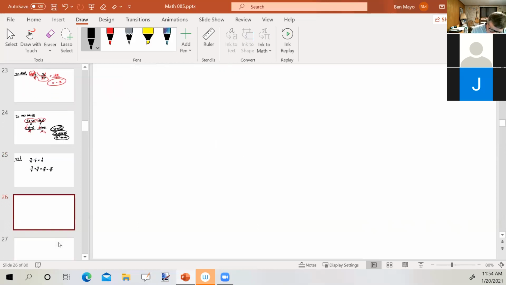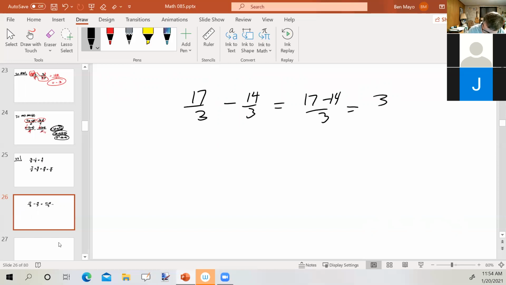Let's say I've got 17/3 minus 14/3. Well, subtracting two fractions with the same denominator, you would subtract the numerators over the common denominator. And 3/3 reduces down to 1. Okay.